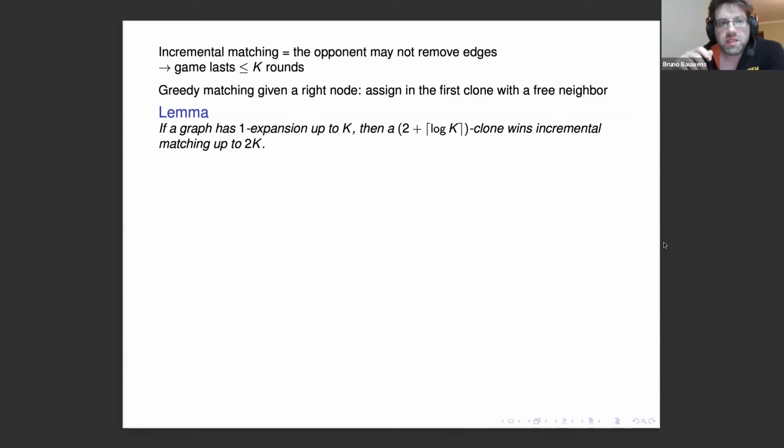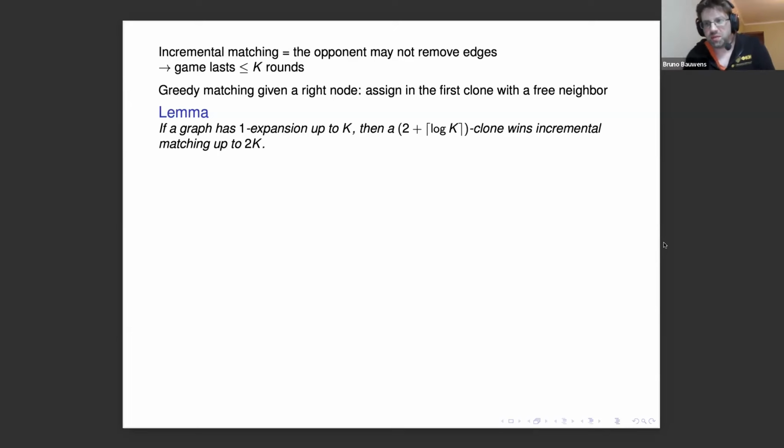Okay, so the claim is: if a graph has 1 expansion up to k, then a 2 plus log k clone wins incremental matching up to 2k. In this game, the opponent selects right nodes, and we need to choose a left edge. Our strategy will be very easy. So what is a clone?